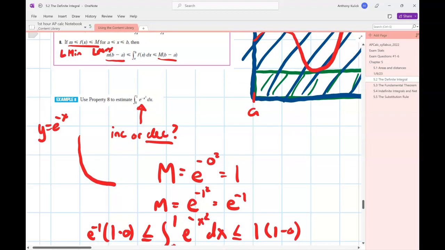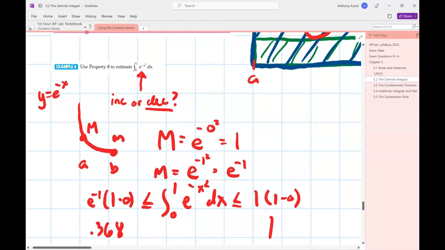So what I did then was, since I know that this is decreasing, at whatever the value a is, that's going to be my cap M. And whatever the value b is, that's going to be my little m.